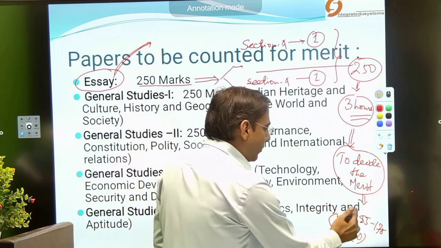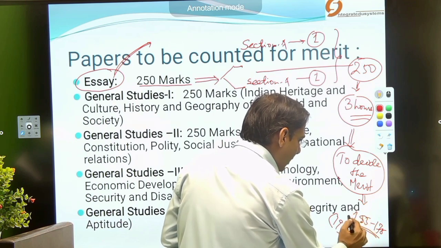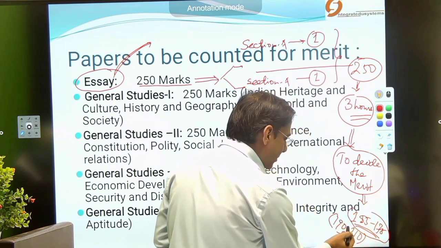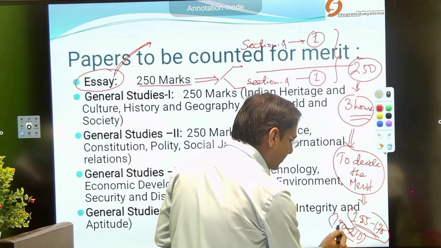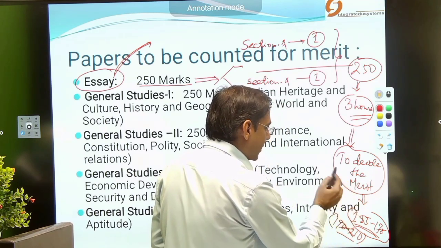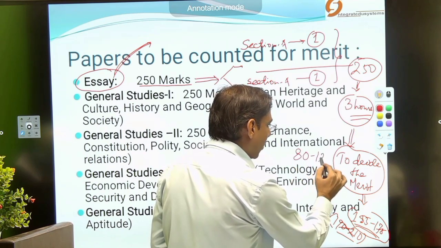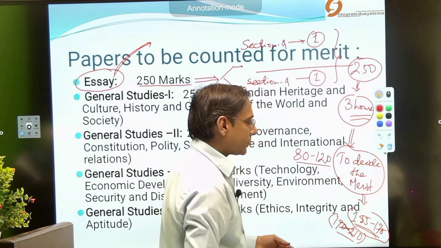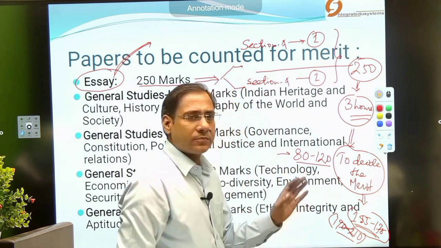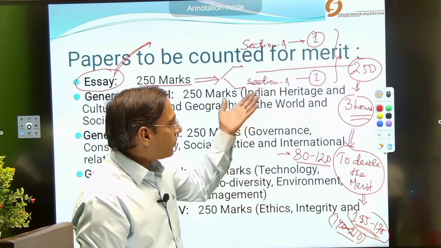These are very excellent marks, rarely achieved by anyone. The majority of candidates' marks in the essay lie between 80 and 120. It is the average score which the majority of candidates achieve, out of 250.